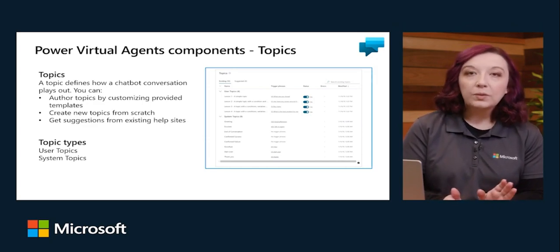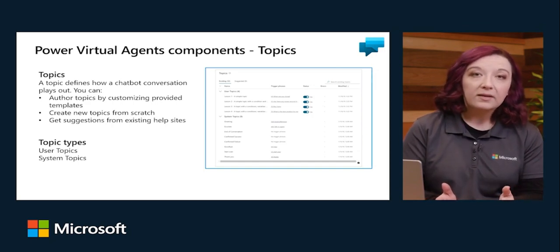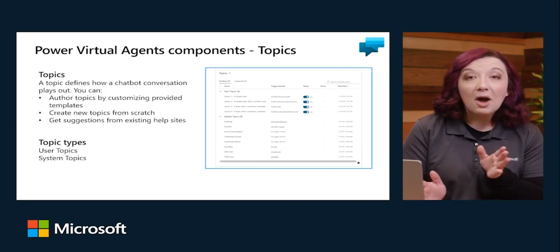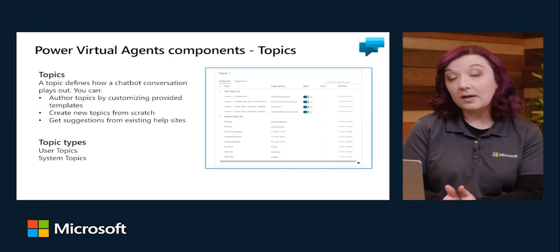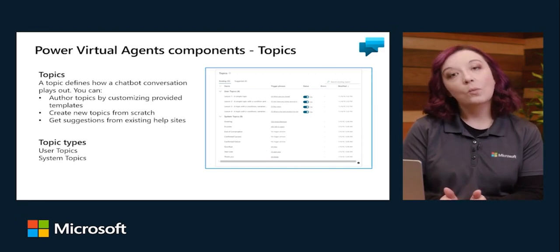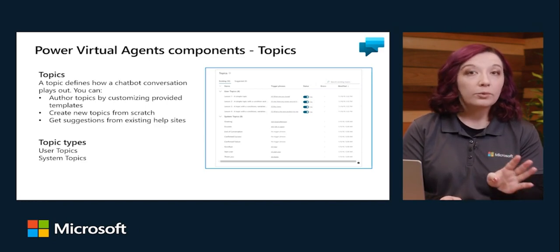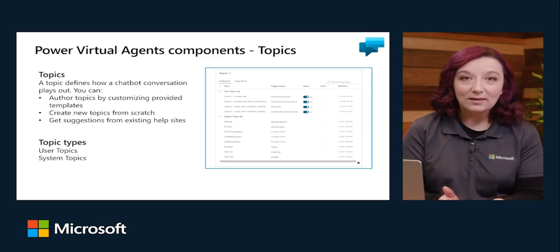Now, we have two different topic types. And when you create a chatbot to help you get started, a number of topics will actually automatically be created for you. The first type we have is user topics. When you initially create your bot, there will be 4 pre-populated user topics that are titled as lessons.